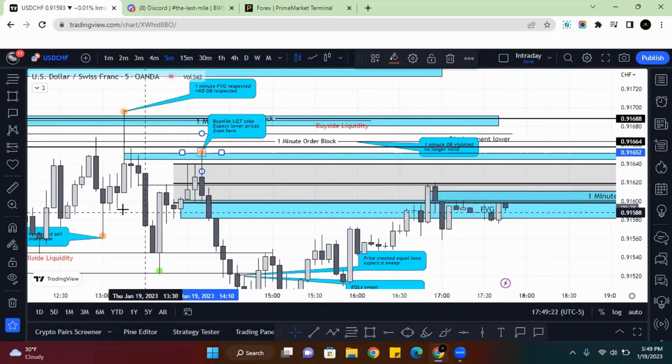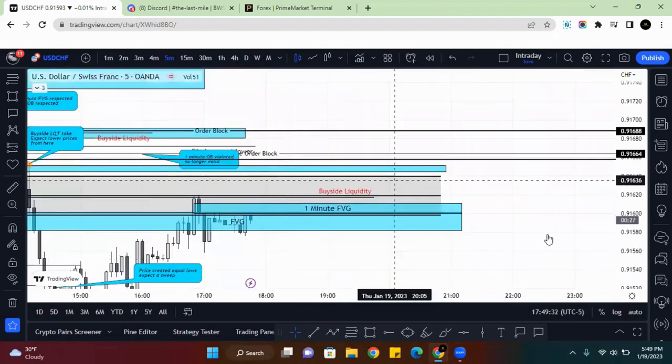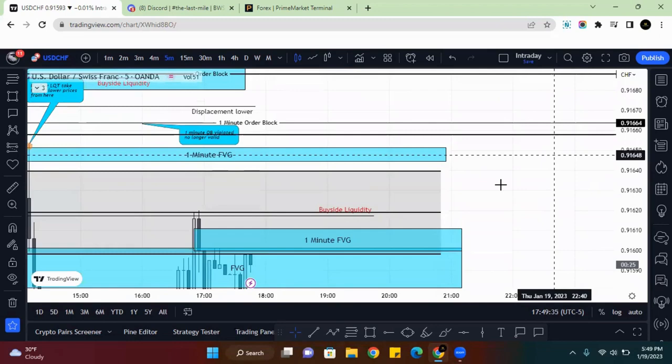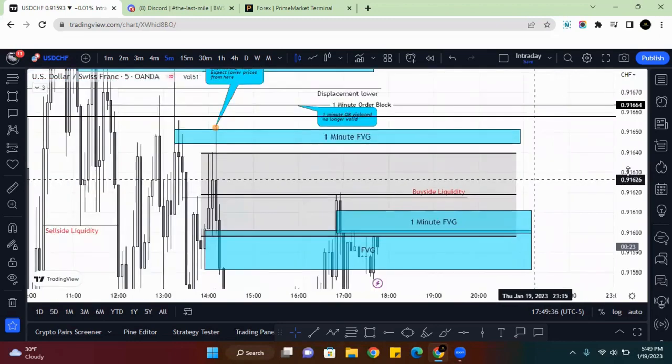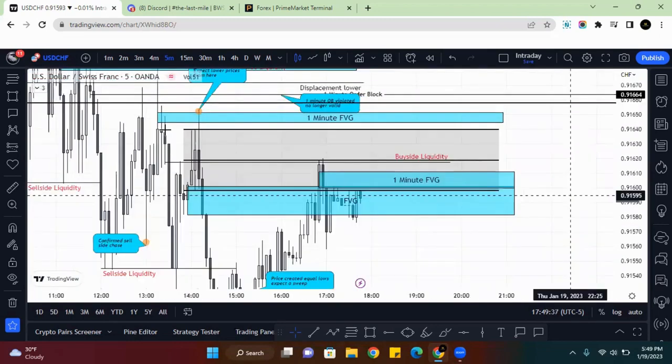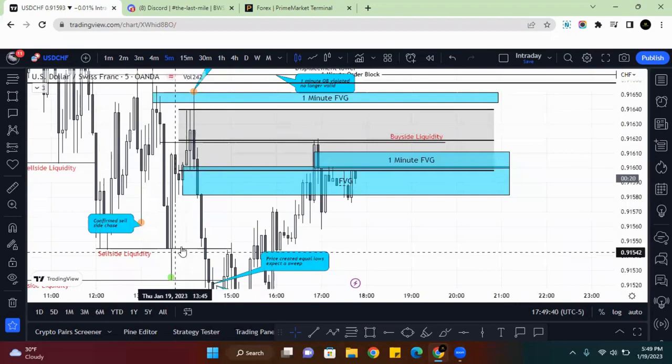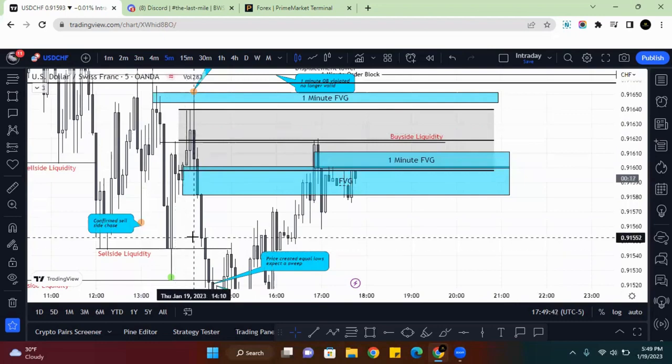I'm almost finished. Drop one in the chat box if you can see that. That old lower high right here. Took it out into what? Into that 1 minute fair value gap. So after that, price dropped again, right? I'm just literally following liquidity and drawing in the fair value gaps.